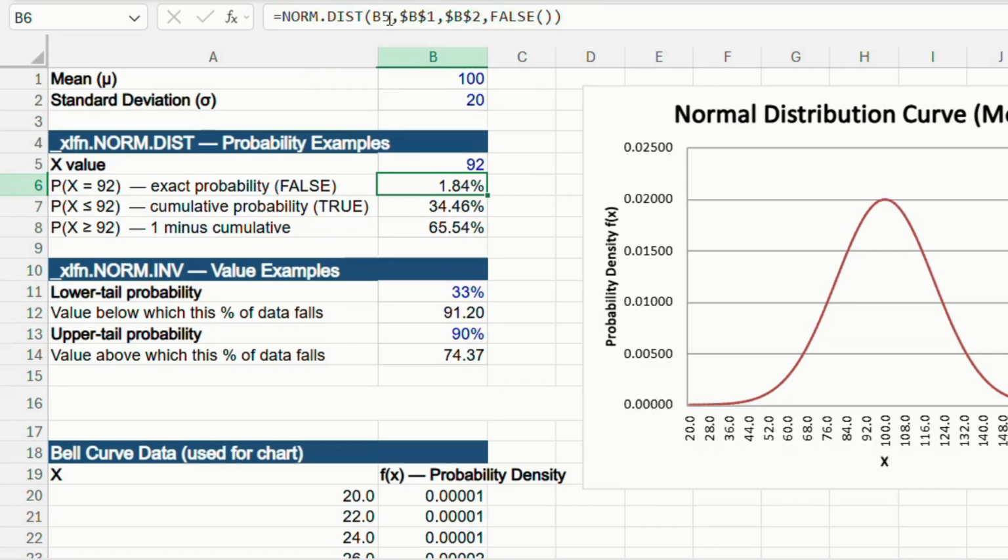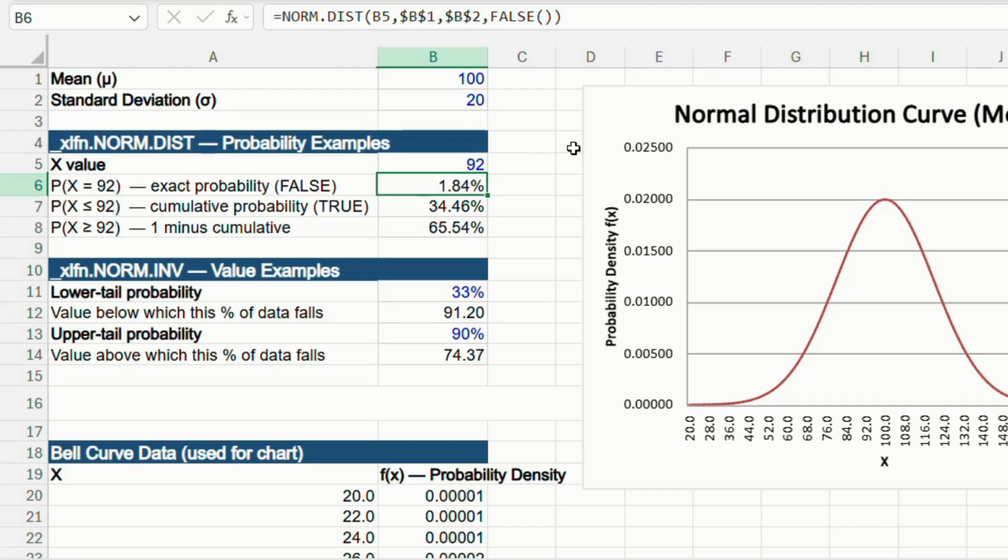Our x value is 92 in B5, B1 is our average value, B2 is the standard deviation, and false because we just want exactly this number, and then we close the parenthesis.